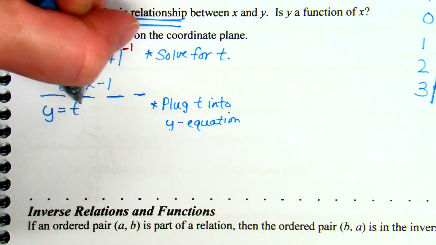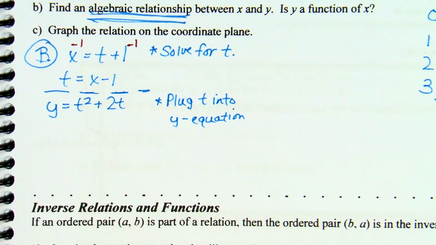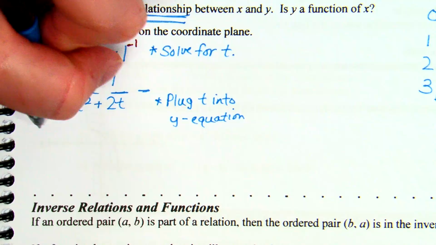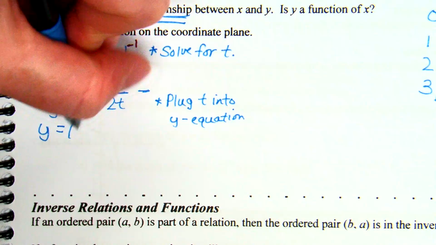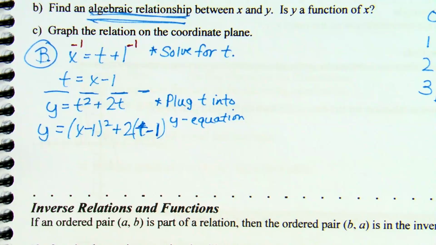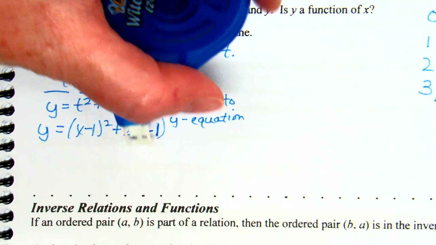So my y equation is y equals t squared plus 2t. Every place I see a t, I'm replacing with x minus 1. So y equals, instead of t squared, x minus 1 squared, plus, instead of 2t, 2 times x minus 1.